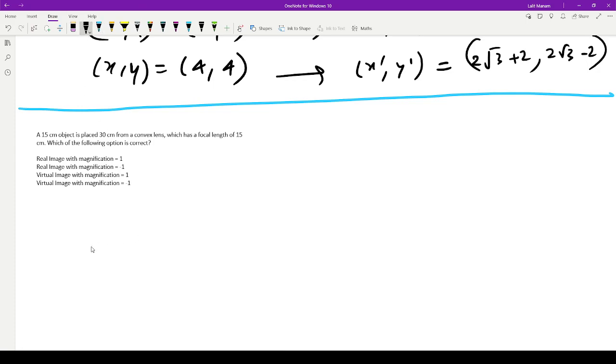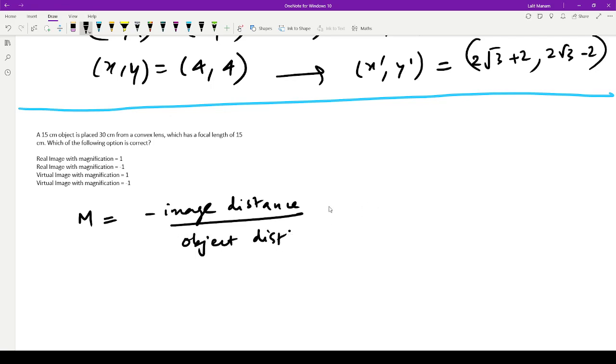V by U. What is v and what is u? Image distance and object distance. There is a negative sign: magnification is negative image distance by object distance. I'll just use the notations used in the class, di by do, or if you rewrite it, it is f by f minus do.